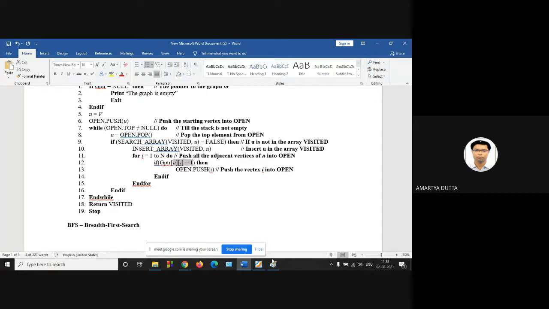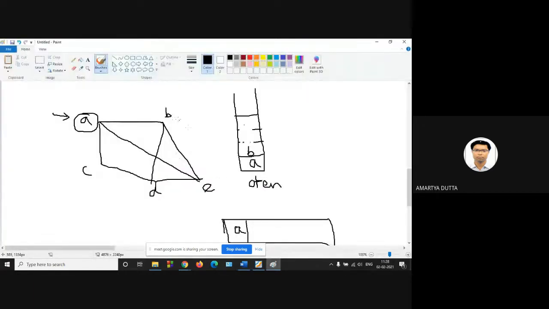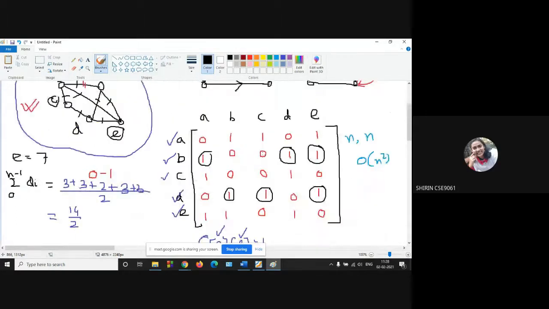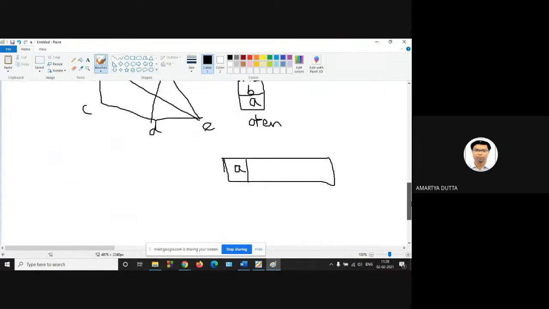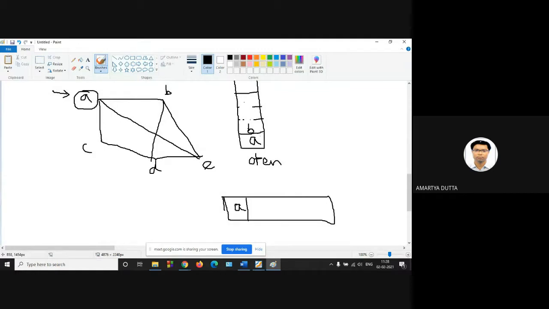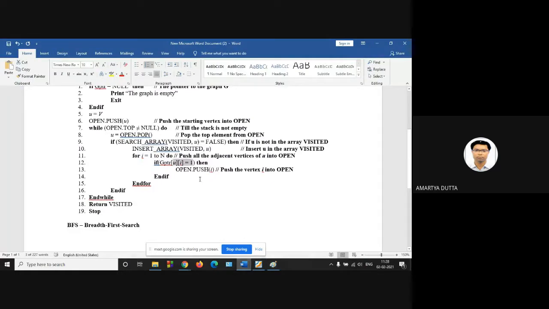So when I is B, it is true. GPTR AB is true. Yes, sir. GPTR AB is 1. Now push B in the open stack. Okay, sir. So up to line number 13.